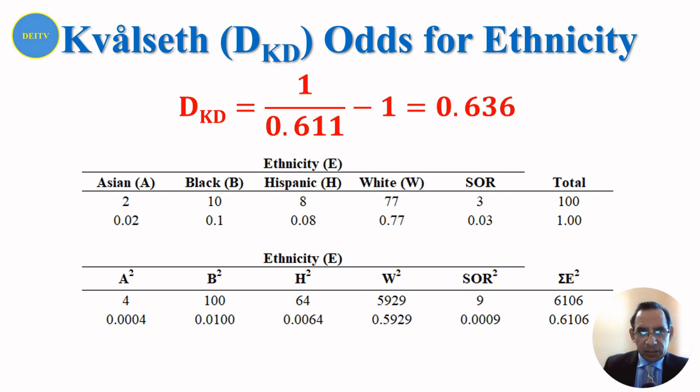So to calculate the Kvalseth odds for ethnicity is 1 divided by 0.611 minus 1, that equals 0.636, and that is interpreted as there's a 63% chance that two individuals chosen at random will have the same demographic characteristics, in this case that the individuals will have the same ethnic background.